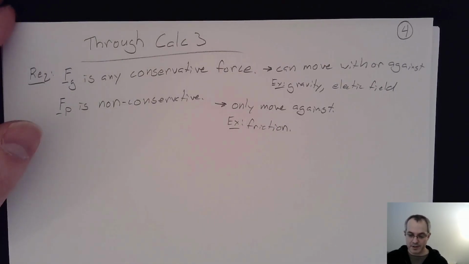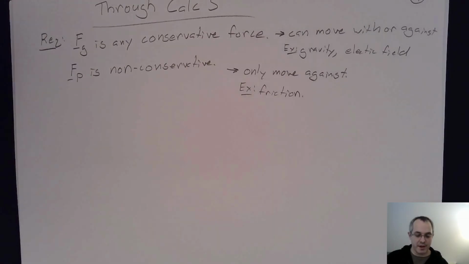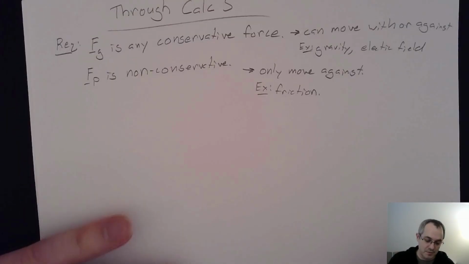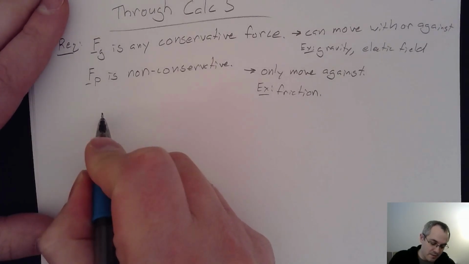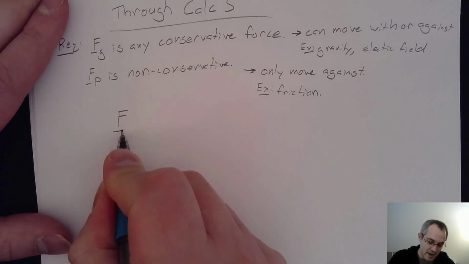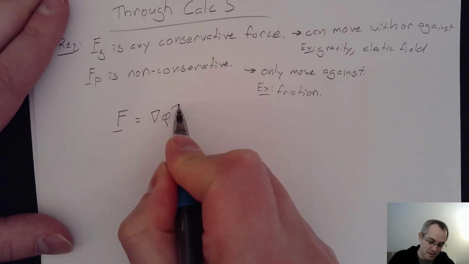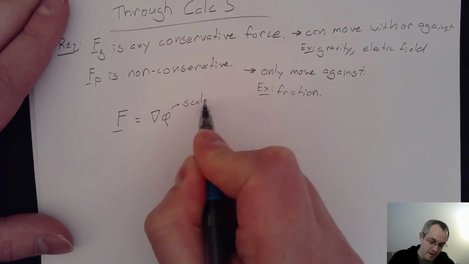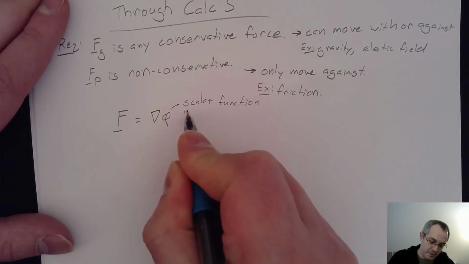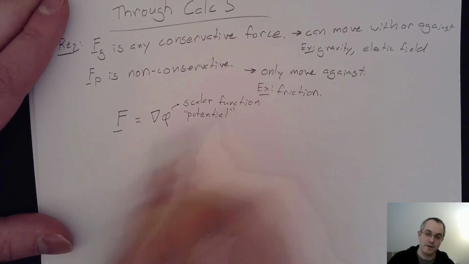So for any conservative force, we can always write it as the gradient of some scalar value, some scalar field. So that would be our conservative force here. It can be written as the gradient of some scalar field. So this is going to be a scalar function, also sometimes referred to as a potential or a potential function.